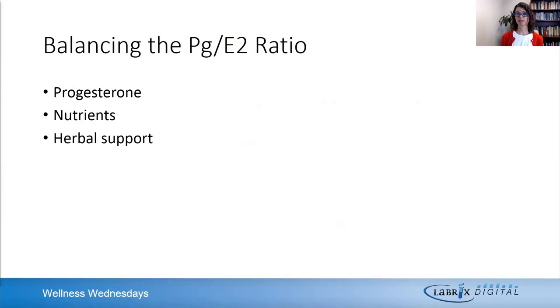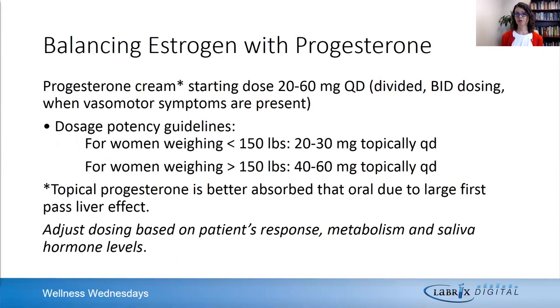So let's talk about some ways to balance the PGE2 ratio: progesterone, nutrients, and herbal support. This is what we recommend as a starting dose for progesterone to counterbalance the effects of estrogen: 20 to 60 milligrams per day. We recommend twice-a-day dosing for women experiencing peri- and menopausal vasomotor symptoms.